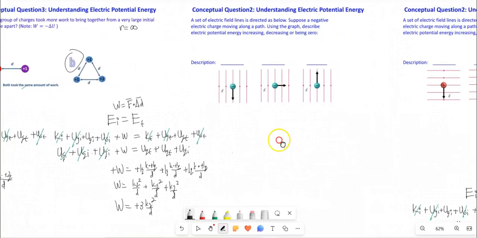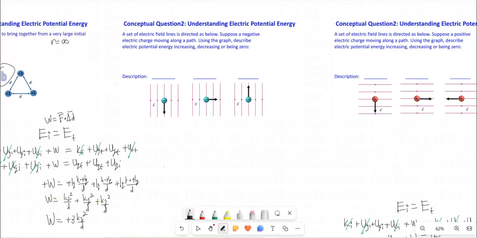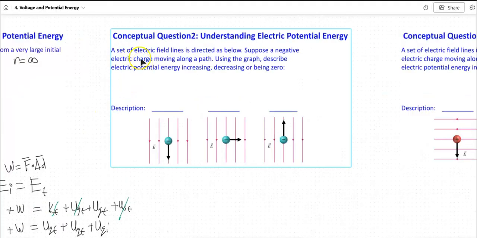All right. Let's do the other two conceptual questions. Below we have a set of electric fields due to capacitors, and we have electrons moving within those electric fields. This electron is moving downwards in the direction of the electric field.